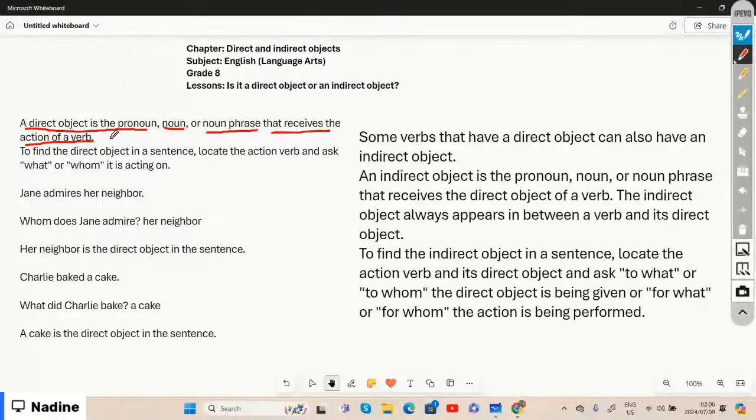In order for us to find a direct object within a sentence, we need to locate the action verb and ask ourselves what or whom it is acting on.